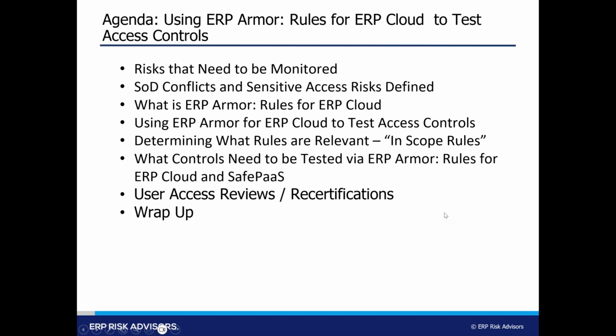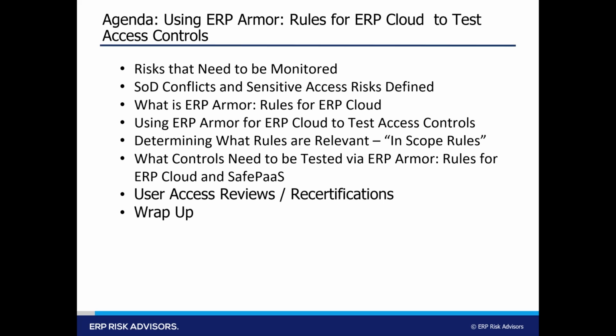Our agenda for today is that we're going to look at risks that need to be monitored. We're going to readdress some of the context from the webinars we've done in the past, talking about what SOD and sensitive access conflicts are, and then build on that as we talk about user access reviews. We'll talk about our rule set, ERP Armor for ERP Cloud, the rules engine that allows you to use SafePaaS software most effectively to identify, manage, and mitigate risks in ERP Cloud roles.